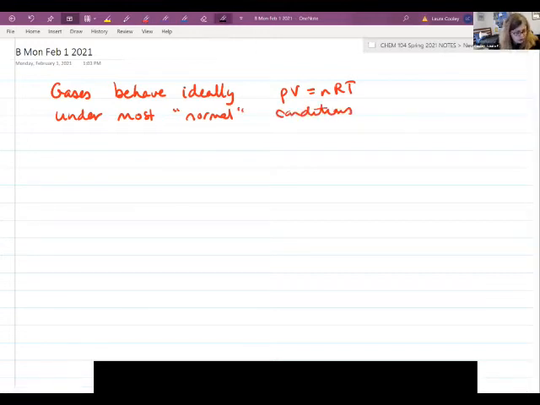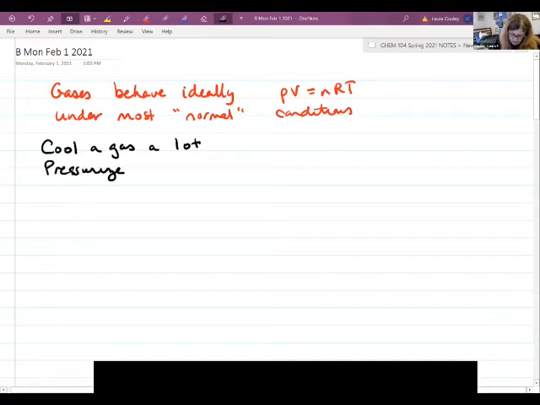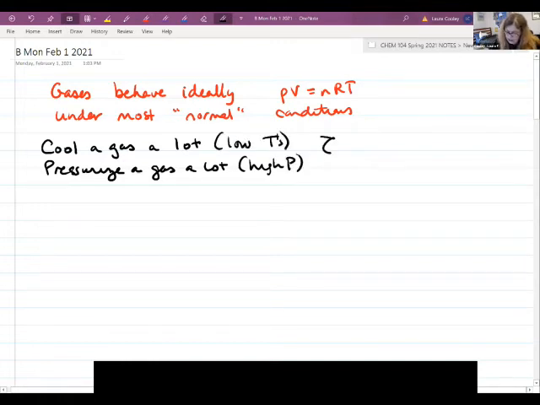But I've mentioned before that if you cool a gas a lot or you pressurize it, so in other words, at very high pressures or very low temperatures, then you start getting some interesting developments, right?